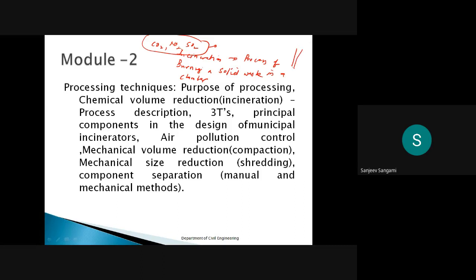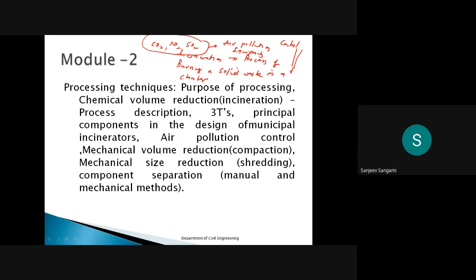So in this chimney we have to provide air pollution control equipment. These equipments will not allow the carbon dioxide, nitrogen dioxide, and sulfur dioxide to go to the atmosphere. That also we will discuss in this module.